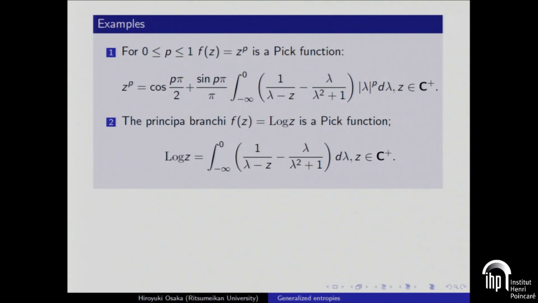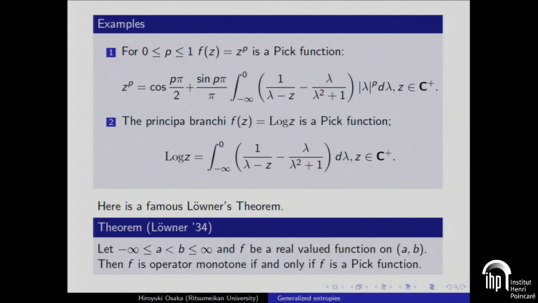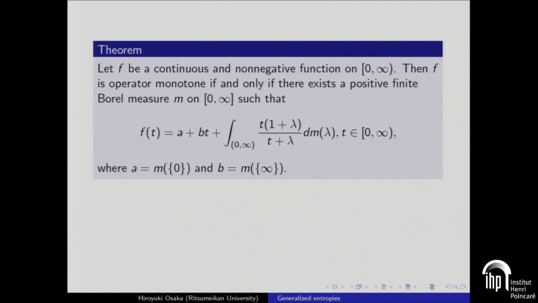The important result, by Loewner in 1934, is that any operator monotone function is a Pick function. That is why any operator monotone function has a representation form. In particular, if f is a non-negative function on (0, infinity), then f has this type of form. Sometimes people use this representation form to calculate something.